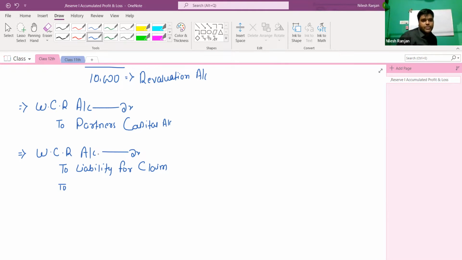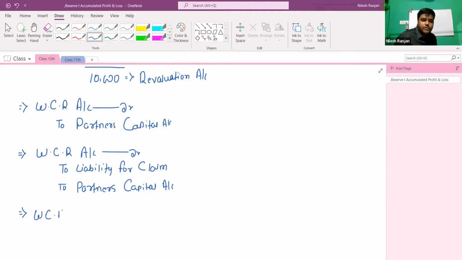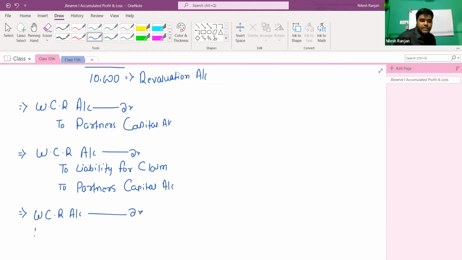So workman compensation reserve account debit to liability for claim and to partners capital. If there is any balance left, then that will be distributed between partners. And if the claim amount is higher than the reserve, then we have to put that amount to revaluation.